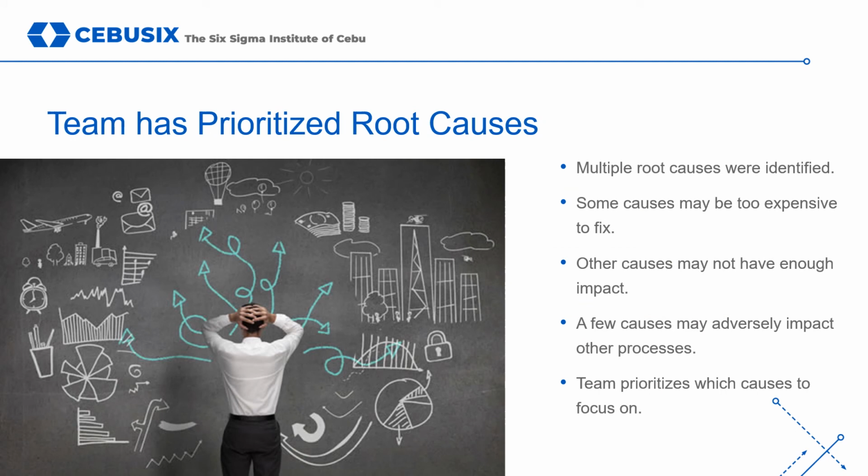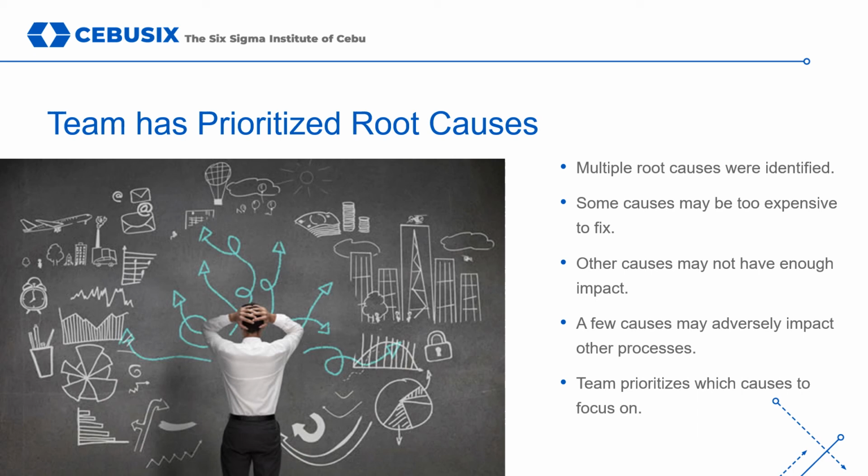While it is a rarity that you will find only a single root cause to a problem, this does happen from time to time. In most projects, however, we will find many different root causes, and so we need to prioritize them based on the impacts to the process, and even their impact to other processes. Just because improving a cause will positively impact the process you are working on does not mean that it will have the same impact on all other processes down the line.